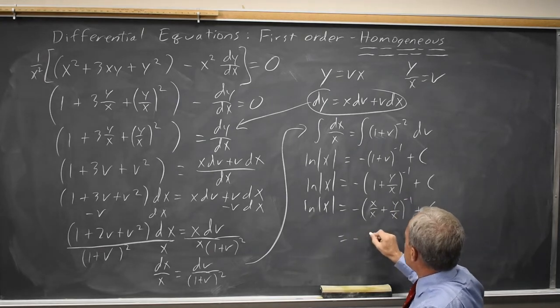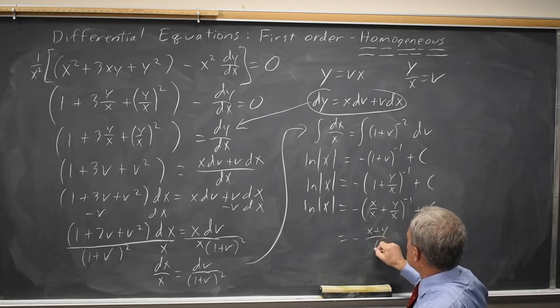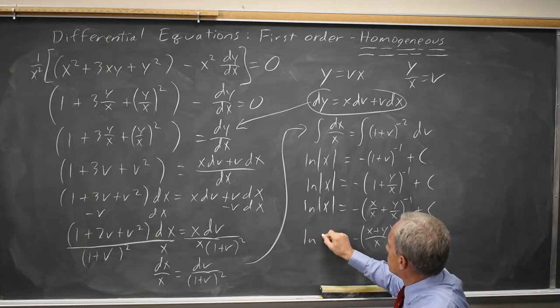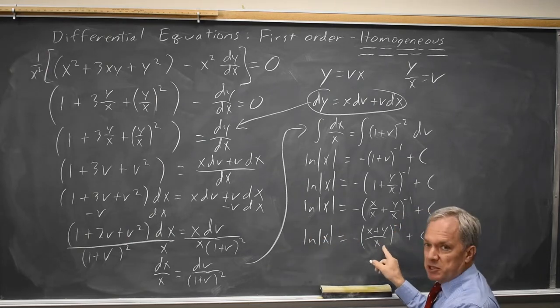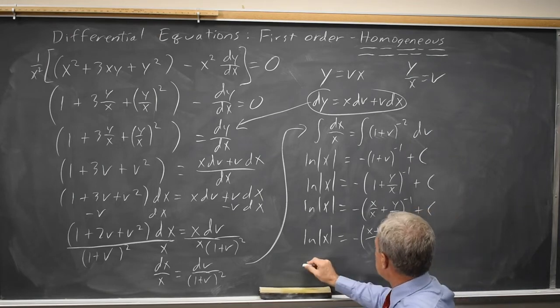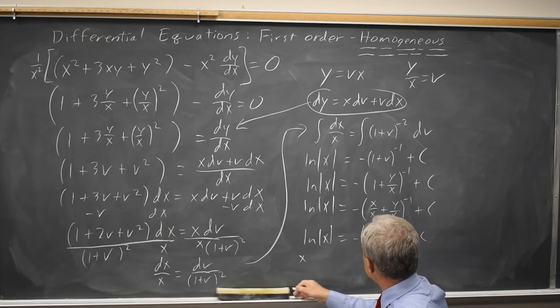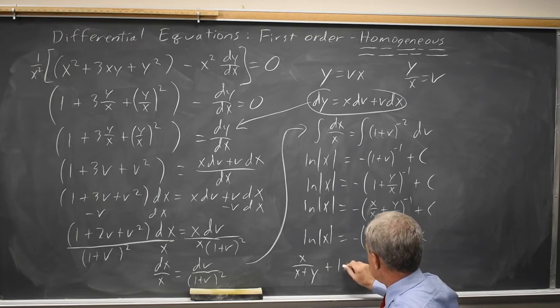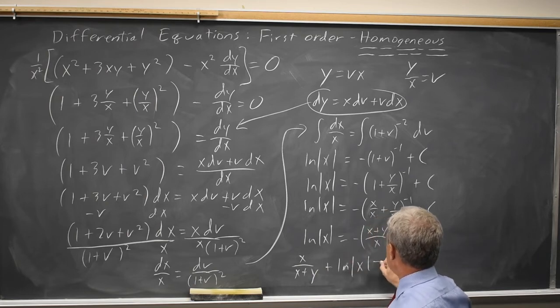So that is negative x plus y over x to negative 1. If I flip this fraction, execute the negative 1 exponent, and then move it to the left, I have x over x plus y plus ln x equals c.